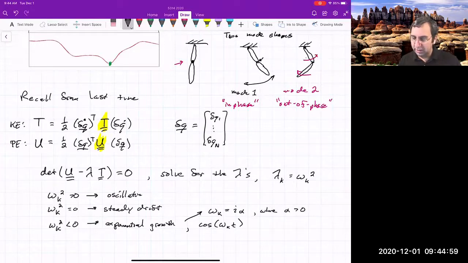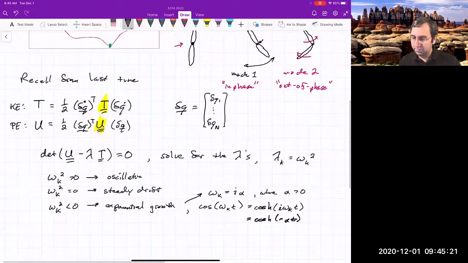So cosine omega k t equals the hyperbolic cosine of i omega k t. That's just an identity. That means this equals the hyperbolic cosine of alpha t, which is 1/2 of e to the alpha t plus e to the negative alpha t.